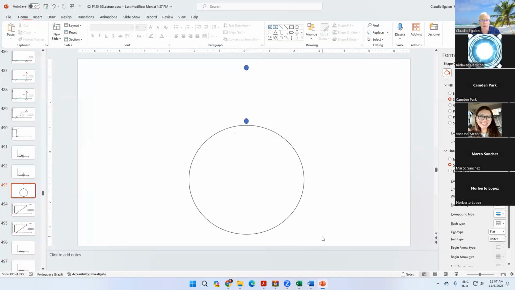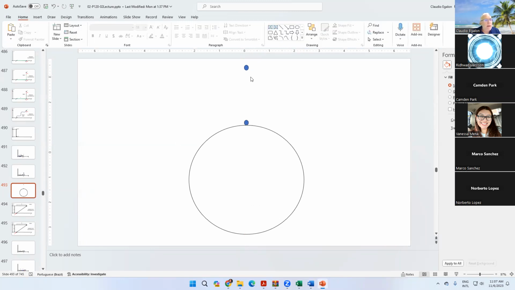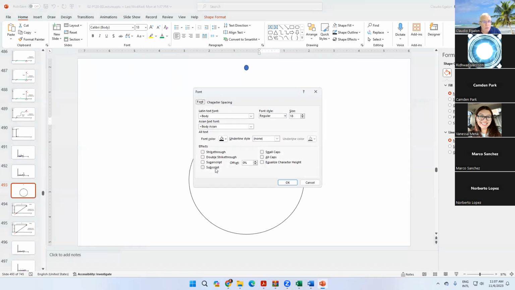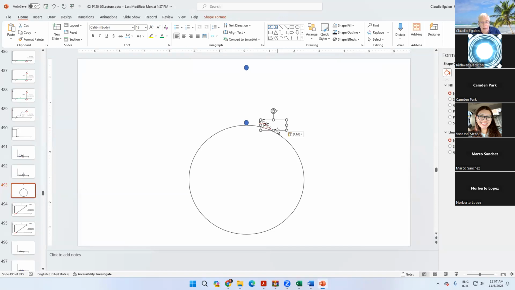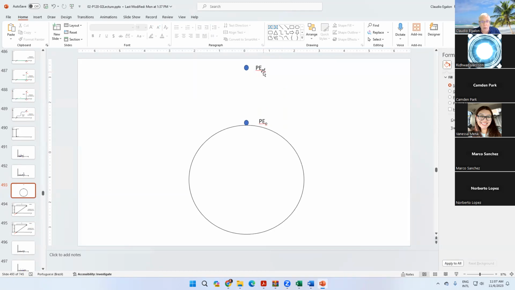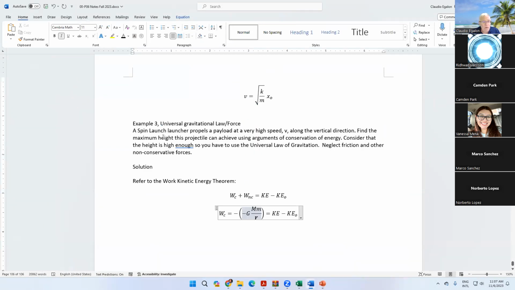Let me show you what it is. That's going to be my initial potential energy right here. And that distance that you saw is the distance from the center of the Earth, very important. And this one here is going to be my final potential energy. I'm going to put one more piece of information here.